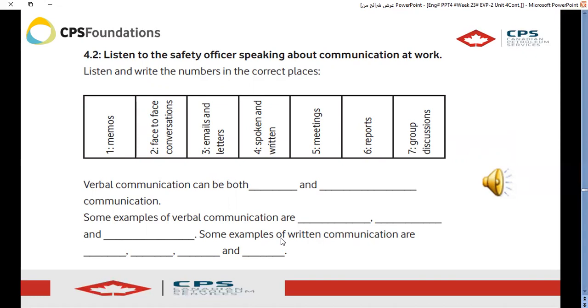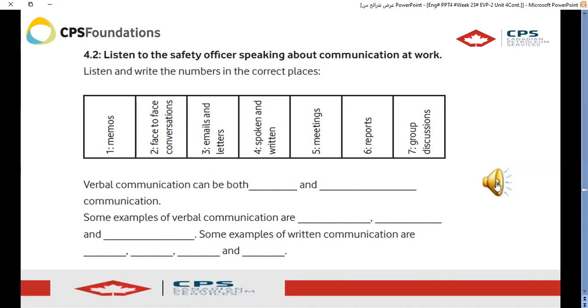The communications that can be verbal or non-verbal. They can be in memos, as we saw, or face-to-face conversations, emails, letters, spoken and written, or meetings, reports, group discussions. We have a passage here. We have to listen, and after that, complete the passage according to what you hear in this listening.